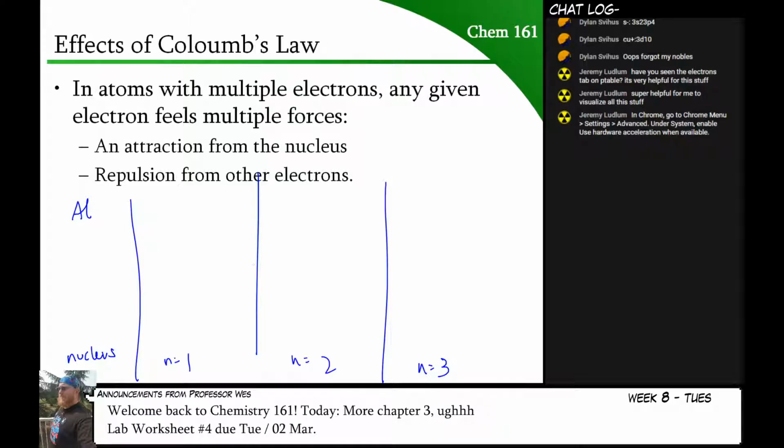Obviously, I could have kept almost everything here, but that's okay. There's my nucleus. That's what's pulling stuff in. And we're going to put our electrons in. So here's my 2 that are being pulled in.